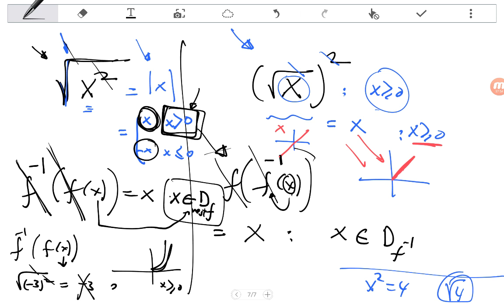So the correct answer is positive 3. Is it exactly the x? No. Why didn't the root cancel the squaring? Because you are outside the restricted domain. So whenever you are outside the restricted domain, the cancellation of the inverse doesn't apply in this form.